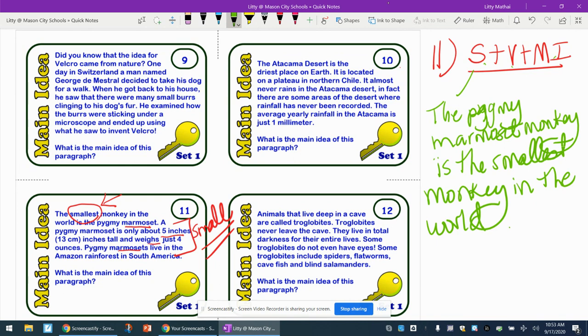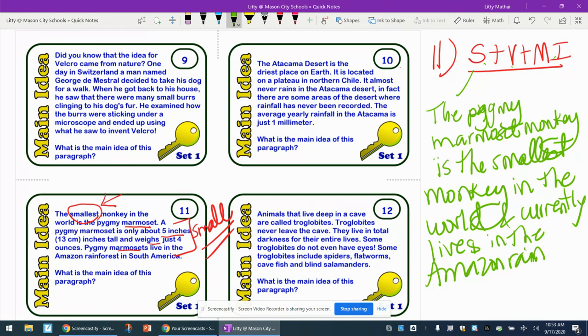And if we want, we could even say, and currently lives in the Amazon rainforest. In South America, you could even add that.